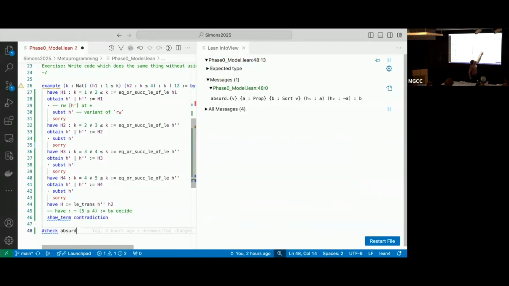If you know both A and not A, then anything follows. And that's what we're using here in our proof by contradiction. So in this case, we are successfully proving both that 5 is less than or equal to 4 and that 5 is not less than or equal to 4. So absurd takes these two slots for the A and the not A.